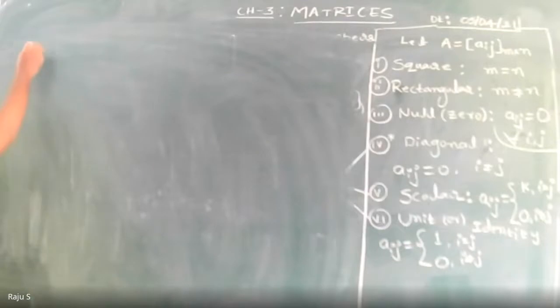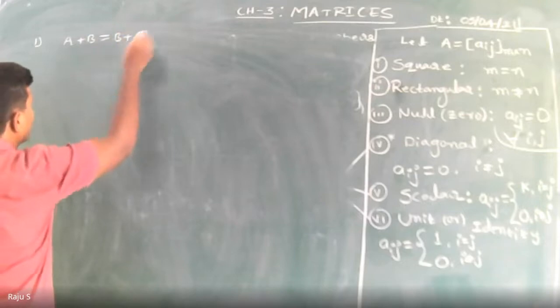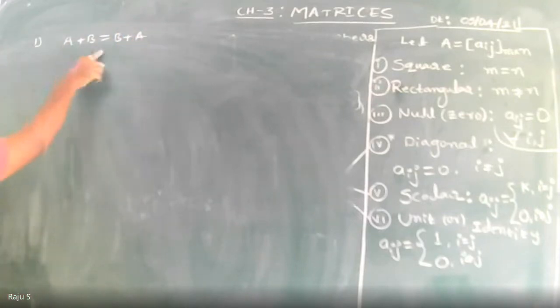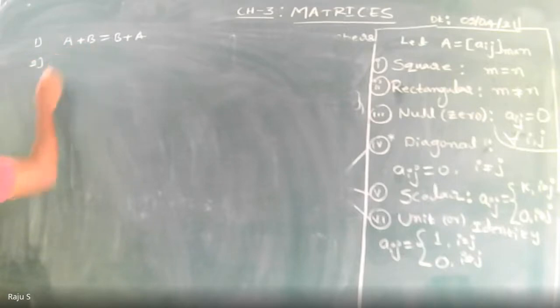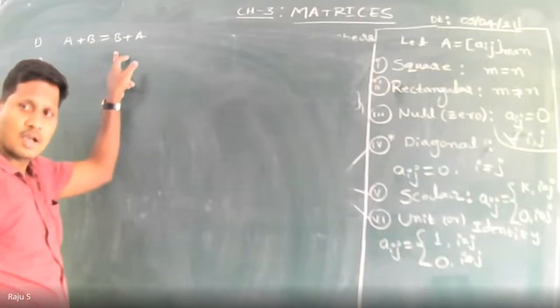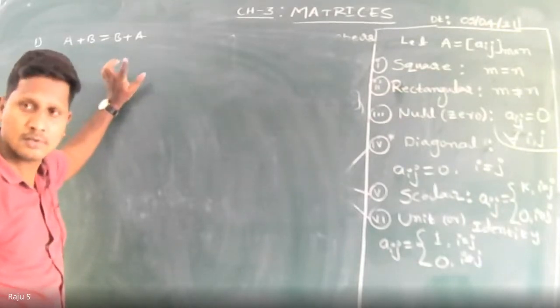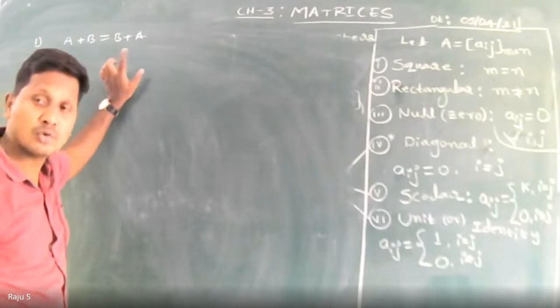Coming to properties of addition, A plus B is equal to B plus A, so it is the commutative property. Matrix addition satisfies the commutative property, and matrix addition also satisfies the associative property.